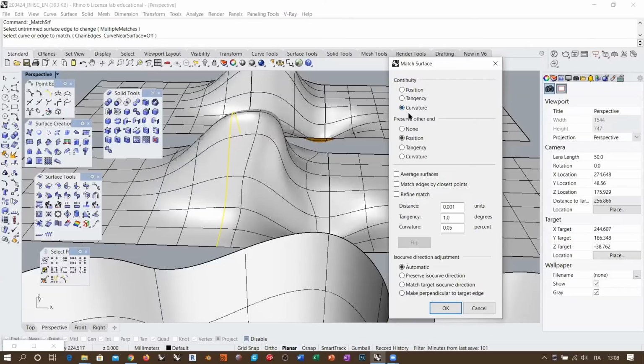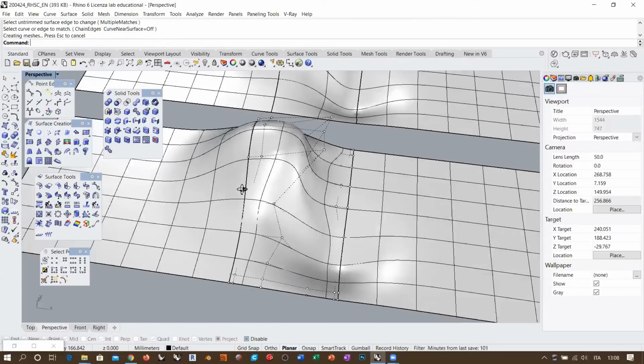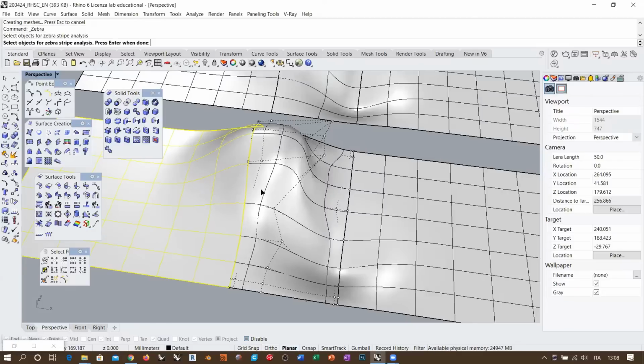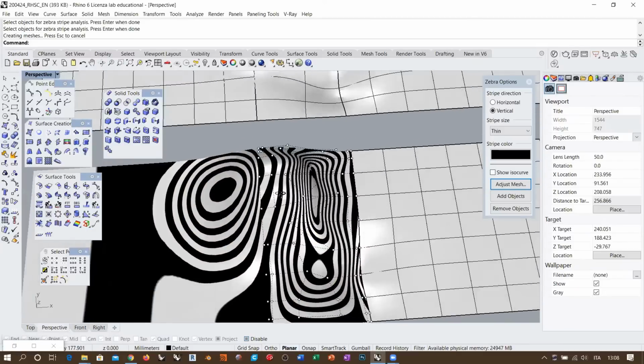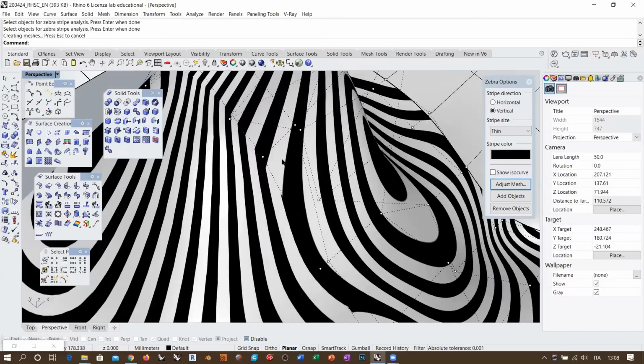Okay? I don't need to preserve curvature continuity on the other end because I don't have curvature continuity on the other end. So I'm not going to consider this right now. Okay? So I simply say, okay, that's it. Now I have curvature continuity along this edge. If I perform a zebra analysis between these two objects, I should see something like curvature continuity, and I don't.